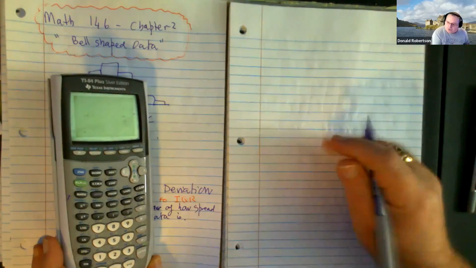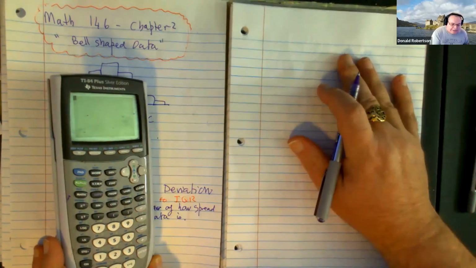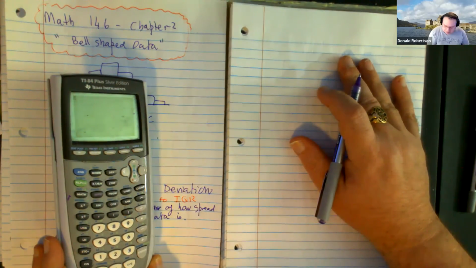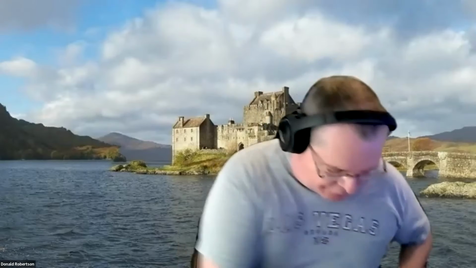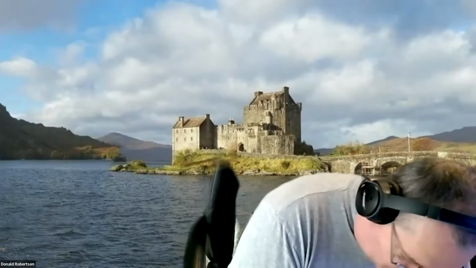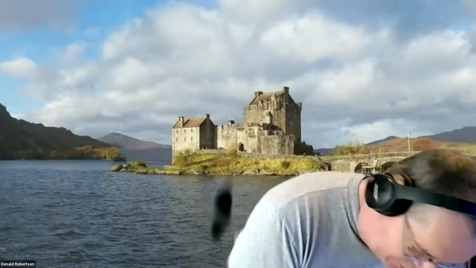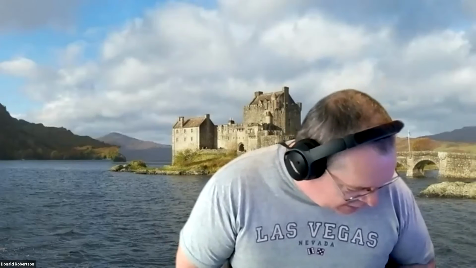So let's do the class data. Yeah, that's a good idea. Hopefully you're all going to answer, but if you don't, you're totally entitled not to. We are going to collect data on how many siblings you've got.